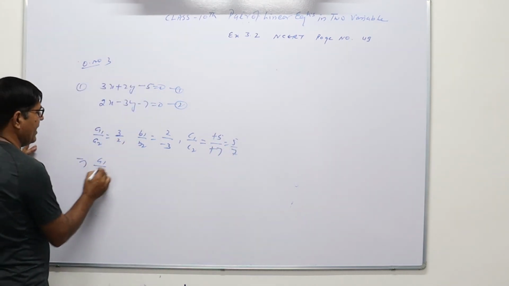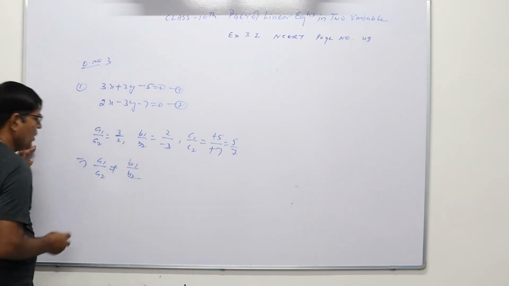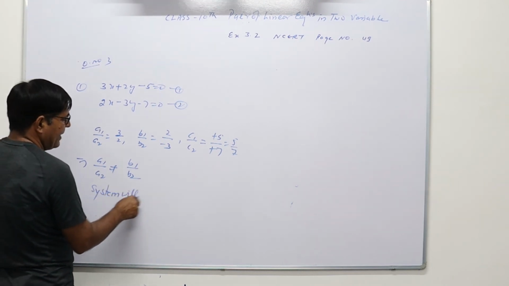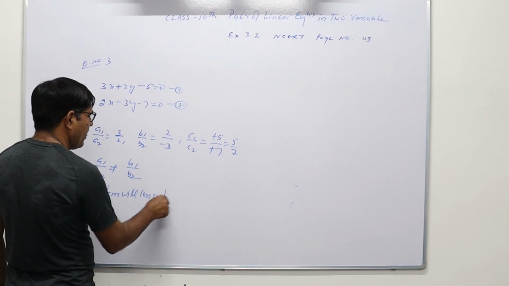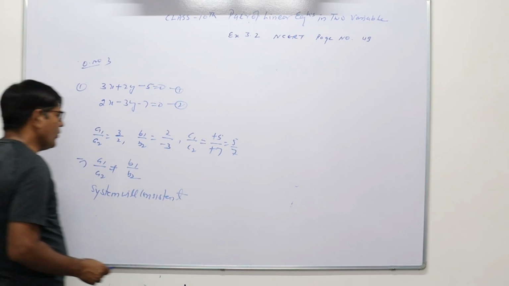It implies that a1 upon a2 is not equal to b1 upon b2, so the system will be consistent and have a unique solution.